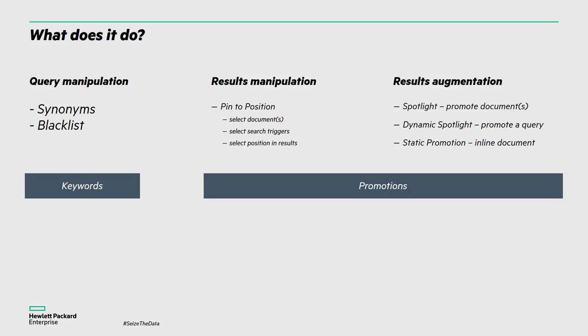That's what we would call in Haven Search a pin to position rule. So Raluca demonstrated one a few minutes ago. You can select a document from your index, select what trigger terms it should activate on, and then select what position in the search results it should return for. So say, for example, you're running intranet search and your CEO has come to you and said, why when I search for blog does it come up with the IT blog instead of my blog?